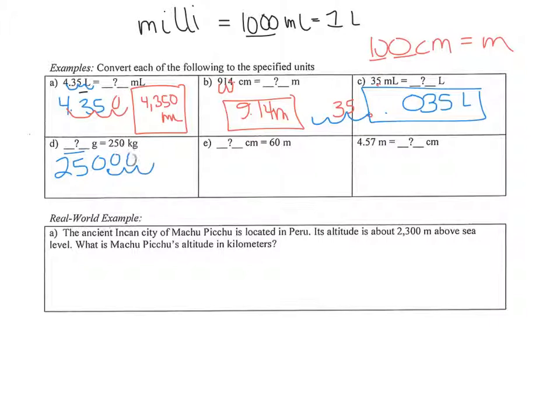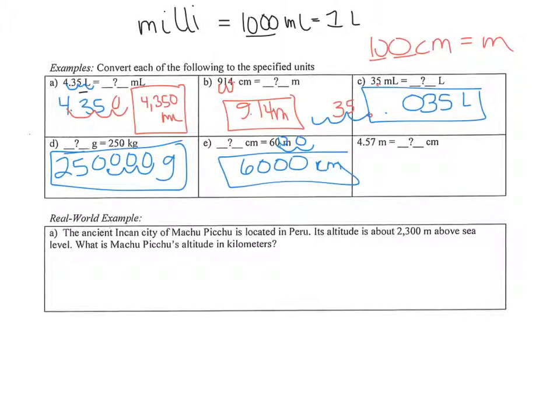So I'm basically adding 3 zeros. And then E, how many centimeters are in 60 meters? If I have 60 meters, there are 100 centimeters in a meter. So there's going to be more centimeters, so I'm going to go over twice. 1, 2. So it's 6,000 centimeters.